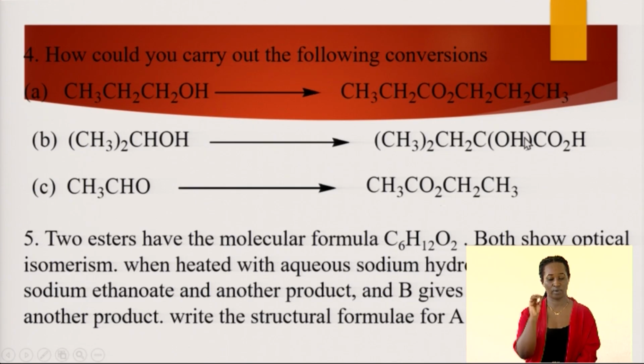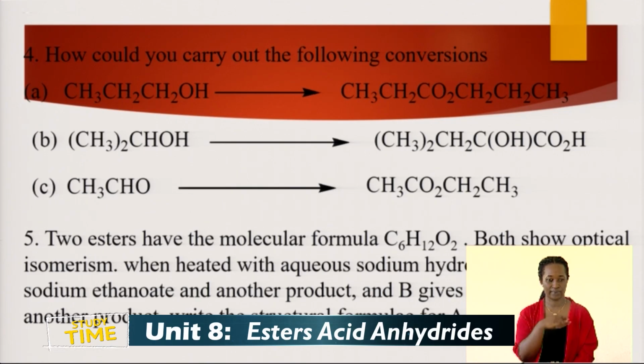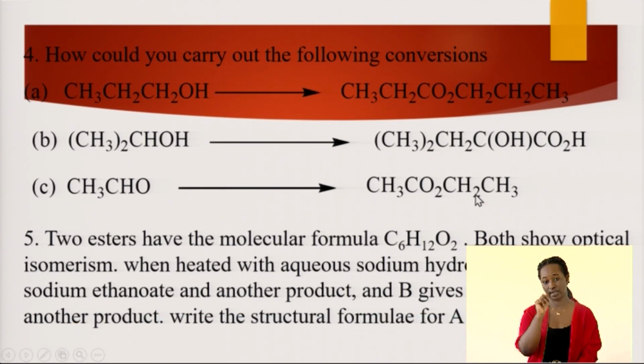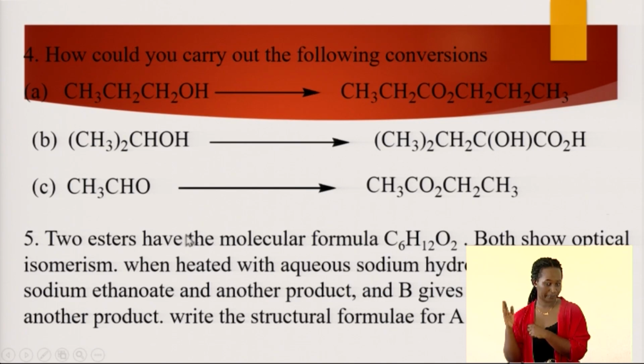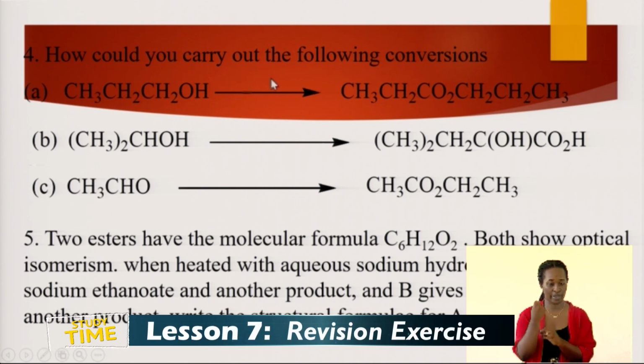How do you move to this carboxylic acid? How do you move from ethanol to the ester as well? This is an ester that is formed. Two esters have the following formula, as we have seen. So let's try to do this one. Number 5, I will have to leave number 5 and some pad.